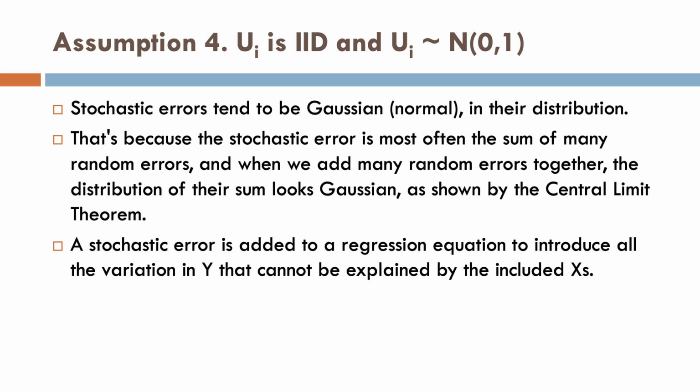Stochastic errors tend to be Gaussian or normal in their distribution. That is because the stochastic error is most often the sum of many random errors. When we add many random errors together, the distribution of their sum looks Gaussian, as shown by the central limit theorem.